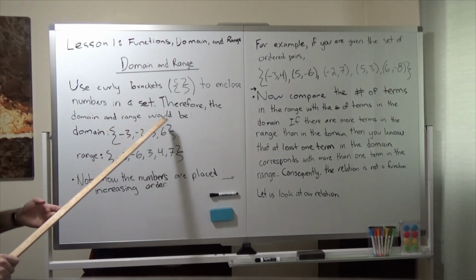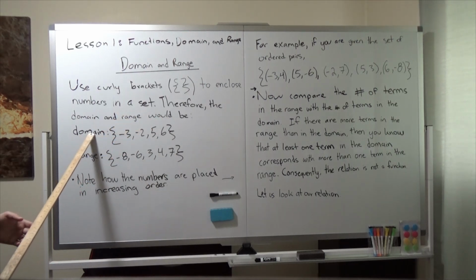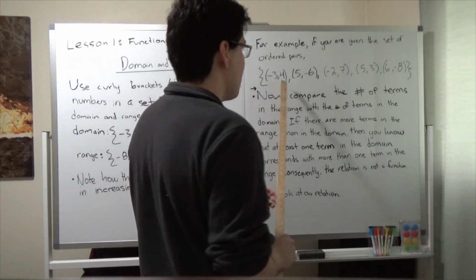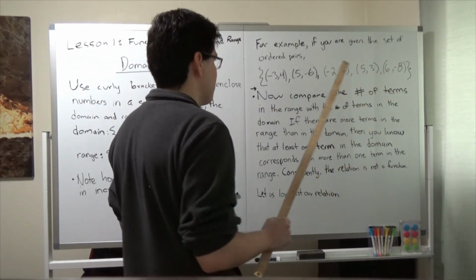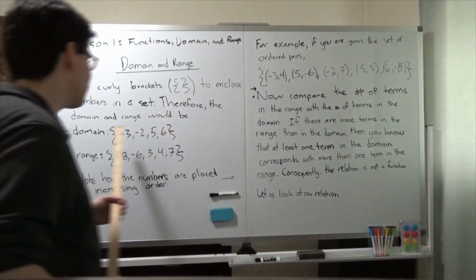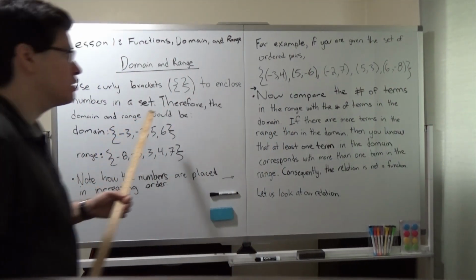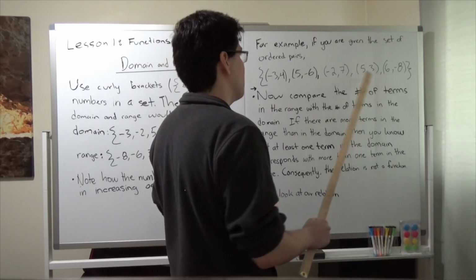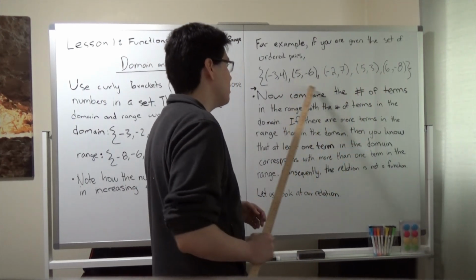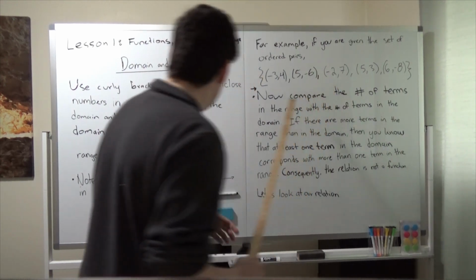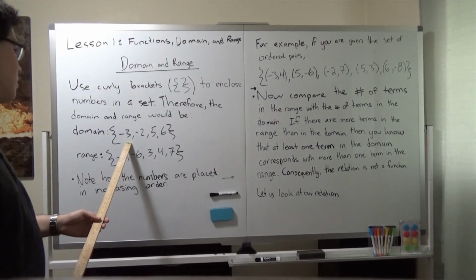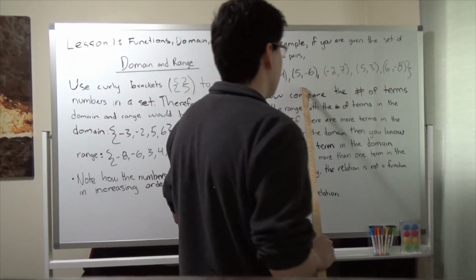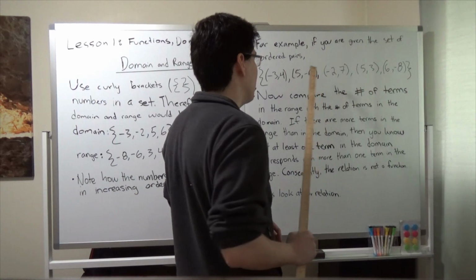We start with the domain, with the numbers that are least and go to the numbers that are greatest. For the domain, we want the x-coordinates. So we start with -3 because that's the smallest x-coordinate here. Then -2, and then we have 5.